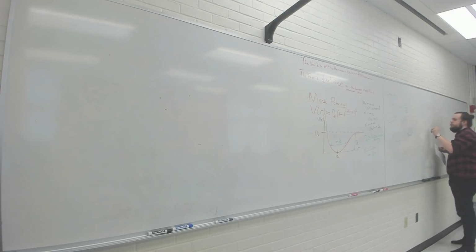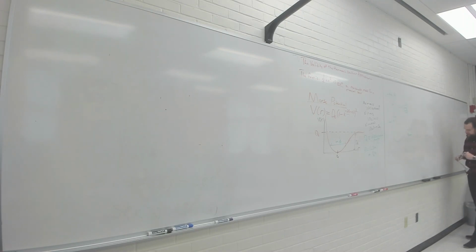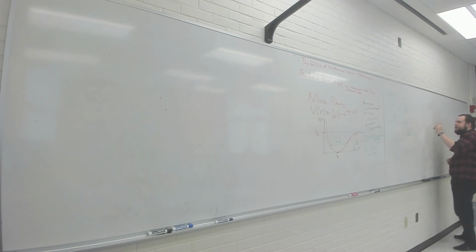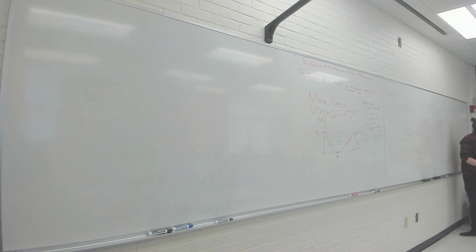I'm going to label it. What you can show at displacements r close to r sub e, so if you look in the region here, the Morse potential is very, very close to 1/2 kx squared.